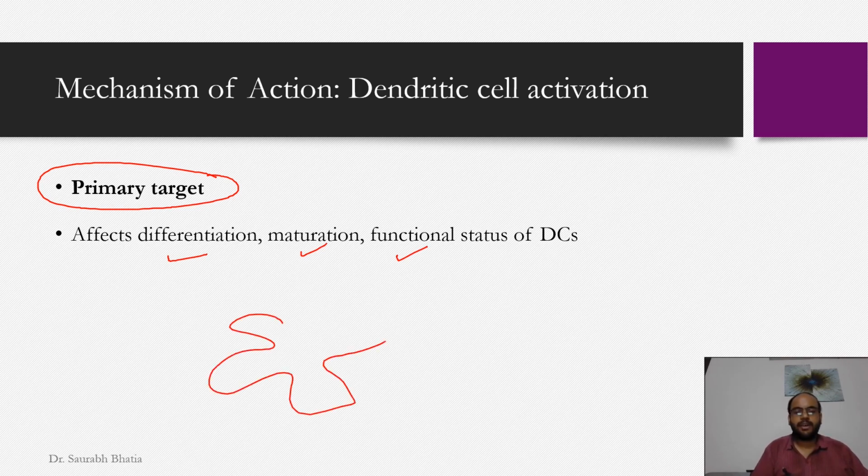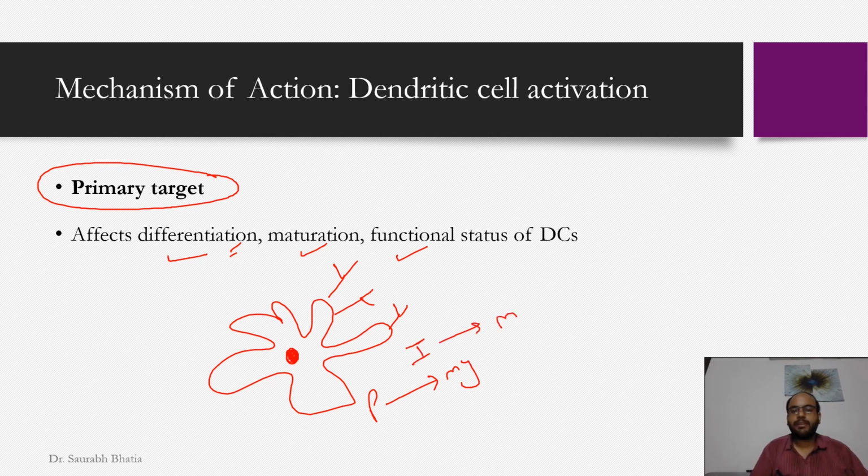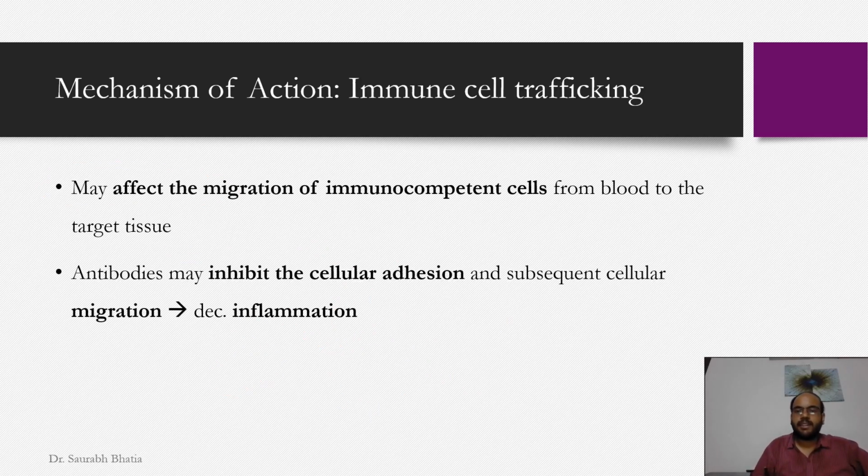Let's say you have a little dendritic cell, and IVIg is going to attach itself via various receptors to dendritic cells and will affect the differentiation from, let's say, plasmacytoid to myeloid lineage, or maturation, that means an immature or naive dendritic cell to a mature dendritic cell, and subsequently the antigen presenting function of dendritic cells is also affected by the action of IVIg.